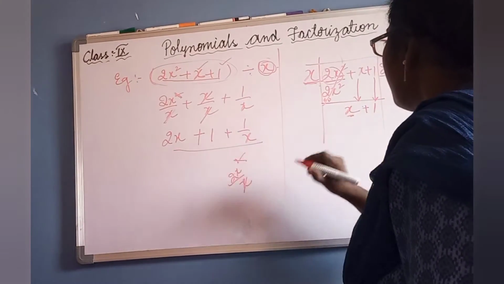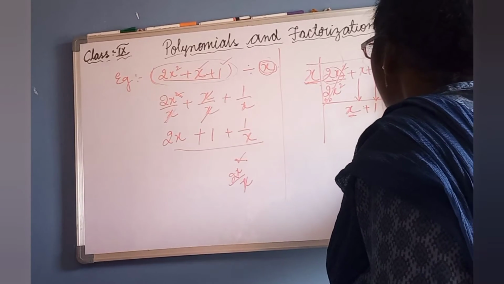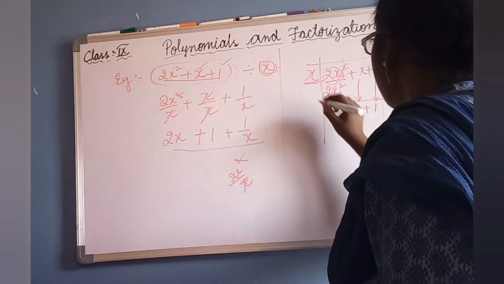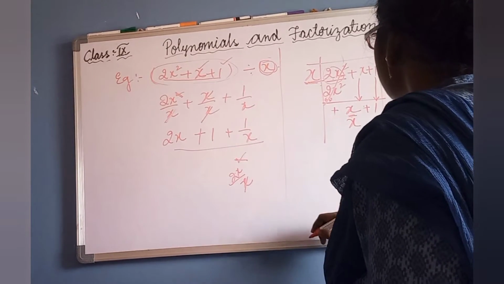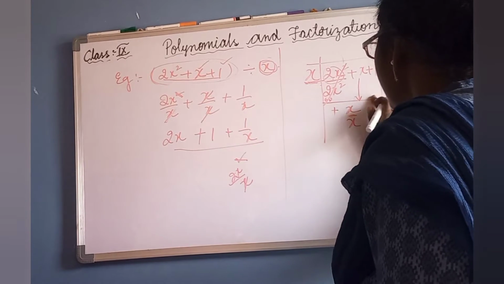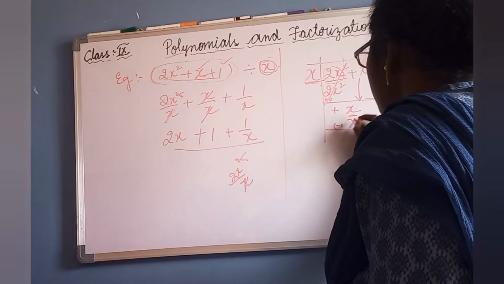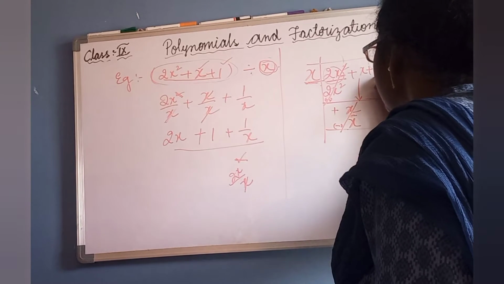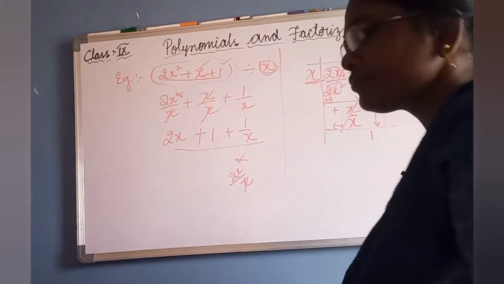So x first goes with x and x. Let us take the x value first and then go on with the constant part. Minus x and minus x cancel, and 1 is the remainder over here.